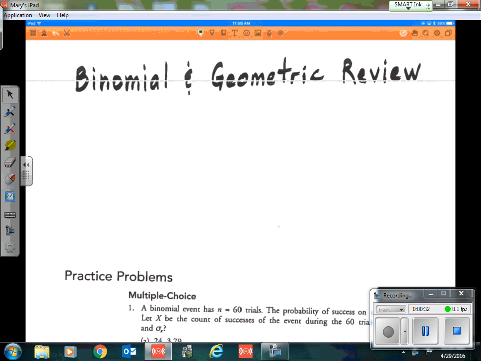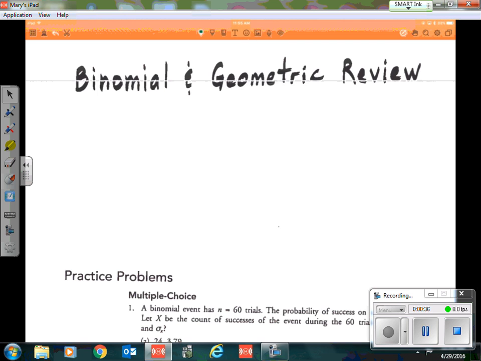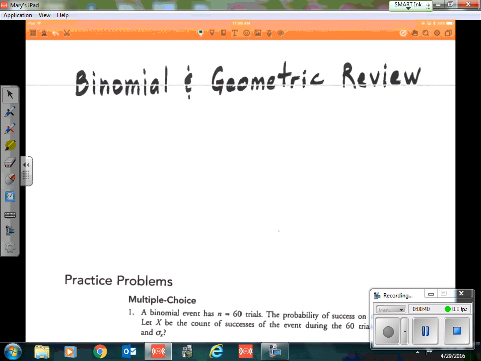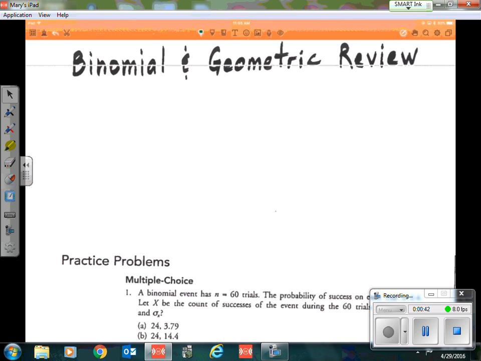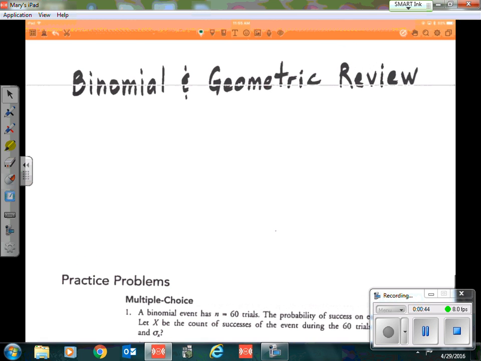First of all, the first thing that I want to talk about in this section, besides binomial and geometric, is sampling distributions. It's really important that you understand population versus sampling distributions. So I'm going to go over that real quickly. If you do not know the shape of the population, so let's say this is the population, which that wouldn't be because you can't have a non-function.